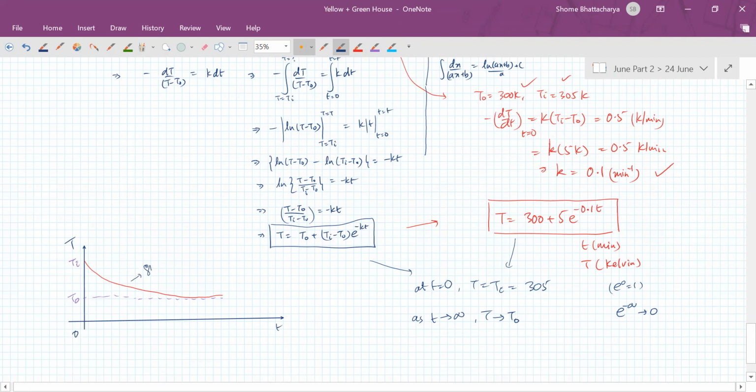The slope is the rate of cooling. You can see that the graph has that kind of concavity that its slope is decreasing with time. Okay, so this is the final analysis of Newton's law of cooling.